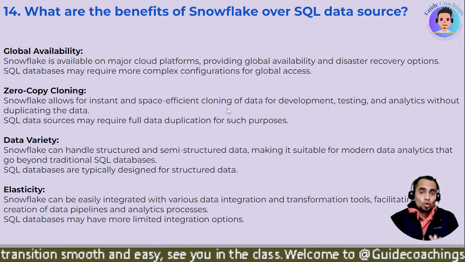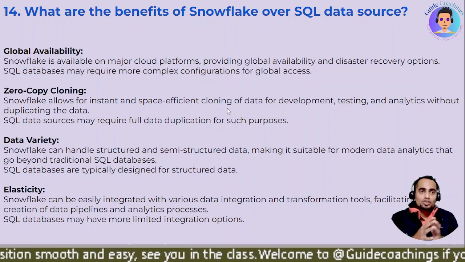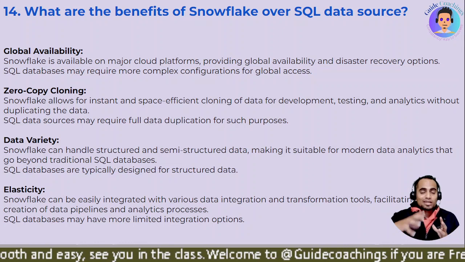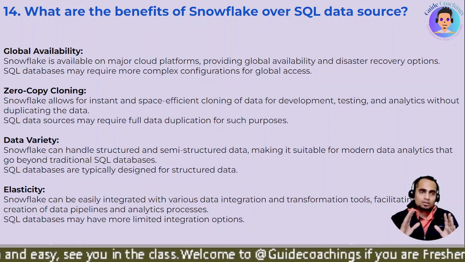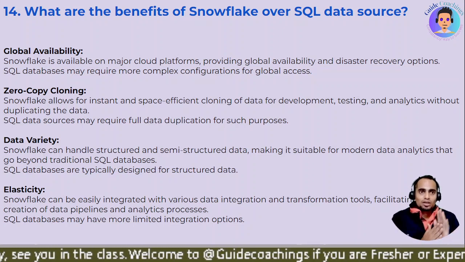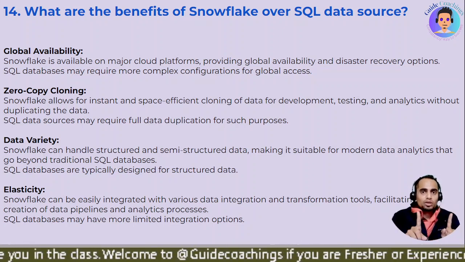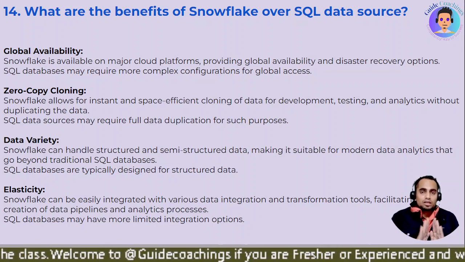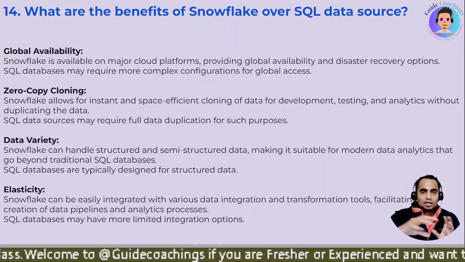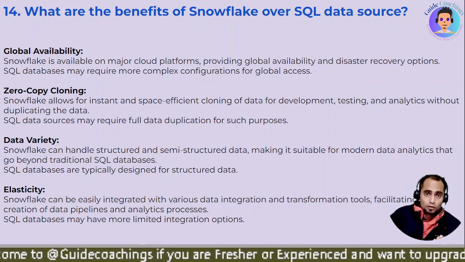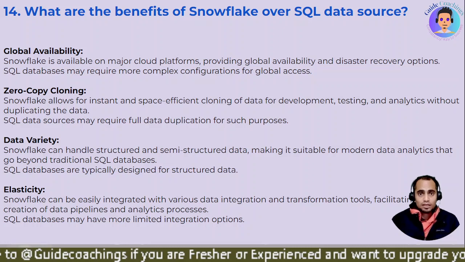If you are not cloning it, you are using the same space everywhere. If you are cloning it, that means you are creating duplicate records. Let's suppose you have 1 GB of data and you clone it, so 1 GB cloned into 1 GB, it will now take 2 GB of space. Whereas if you are sharing the same data across the globe, you save on the cost of cloning. So that is the benefit of Snowflake.